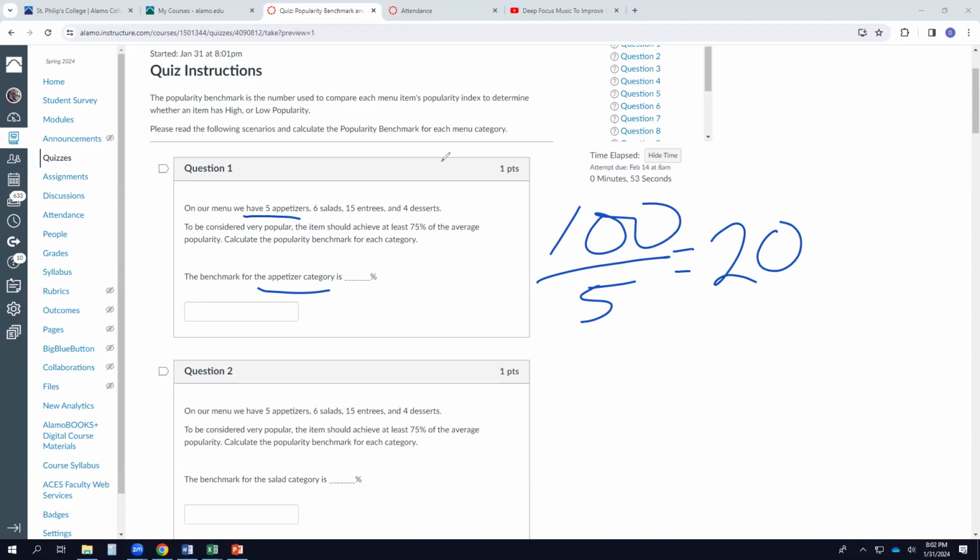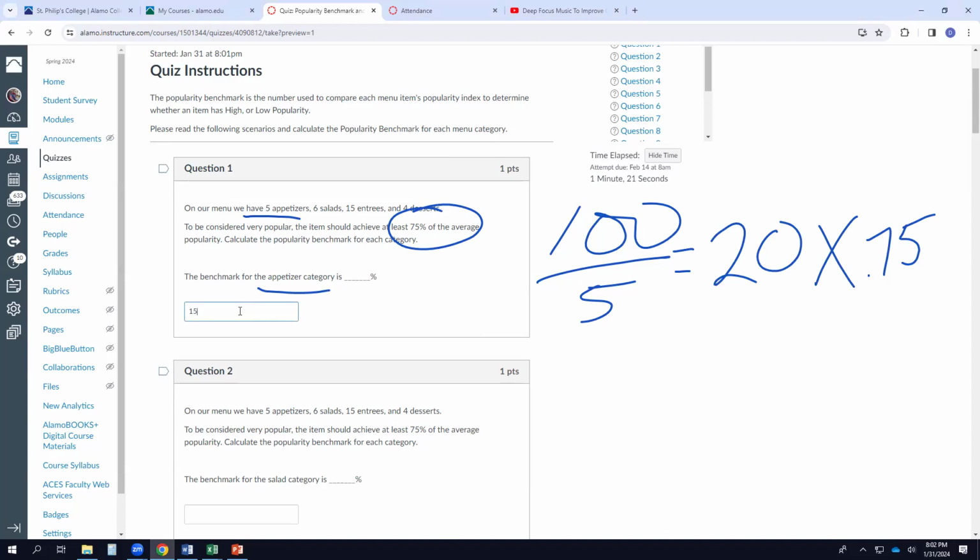The second step, we're going to multiply by the percentage that's given. It's 75%. We all see that up here on the screen. I know it's kind of small, but we see 75%. So what's 20 times 0.75? It is 15. So I just write 15 right here.